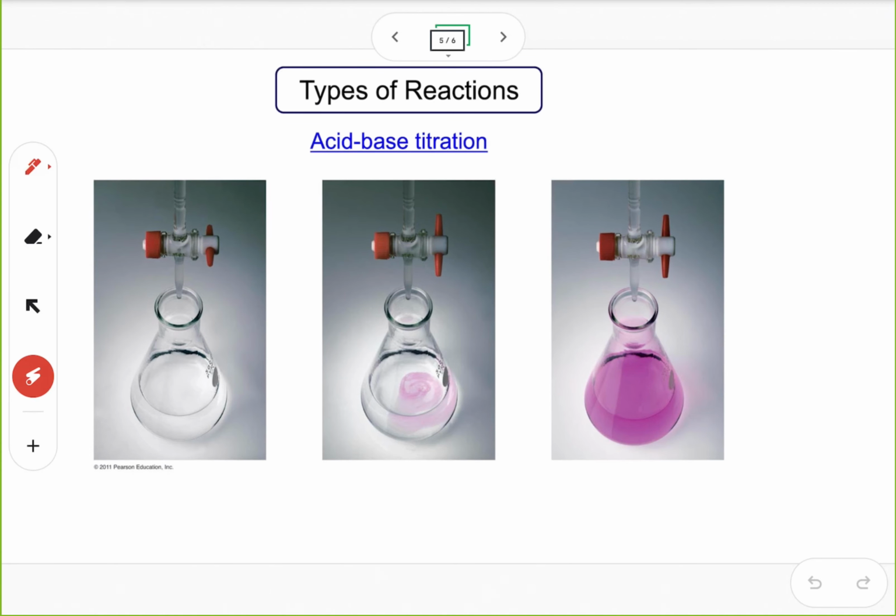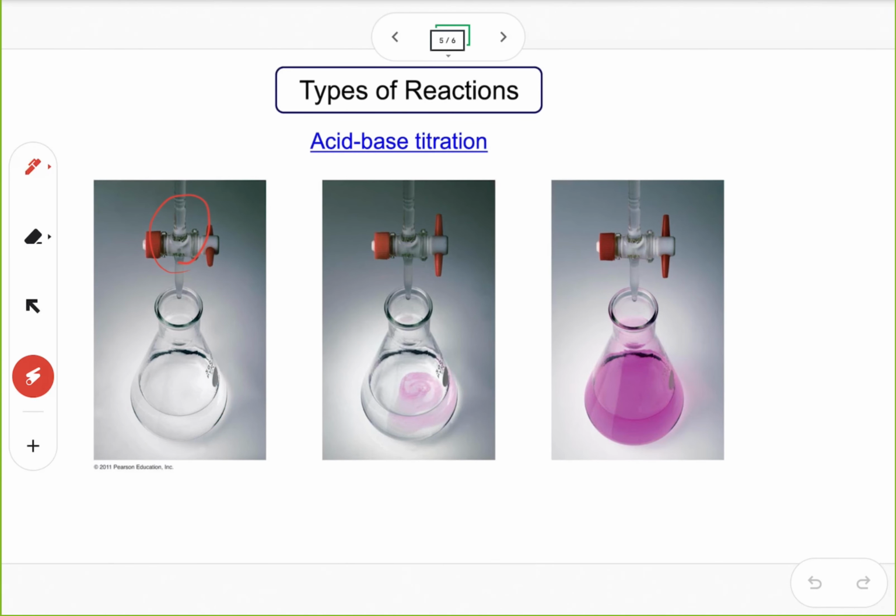We will actually do a lab on titration. What happens here is you have a burette, and in this burette it's either acid or base with a known concentration. And here, this is the receiving flask. In this receiving flask, usually it's the base or acid. If this is base in the burette, then this is going to be acid.